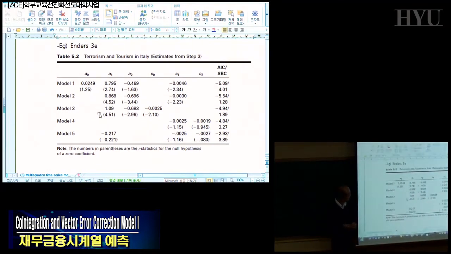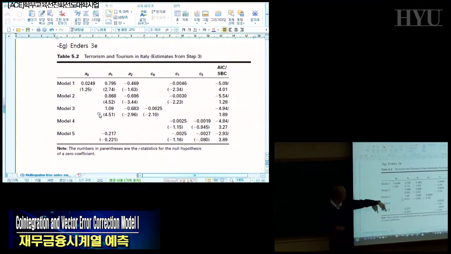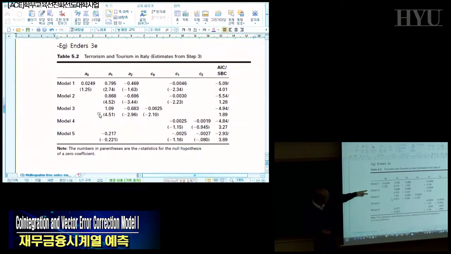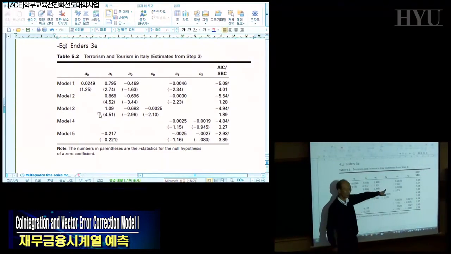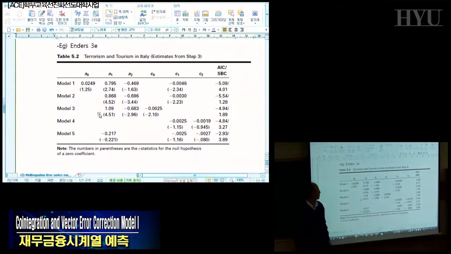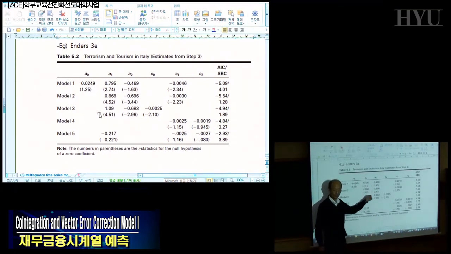So if you look at AIC and SBC, it appears that this combination appears to be good. So no contemporaneous effect, but lagging, and some autoregressive part.